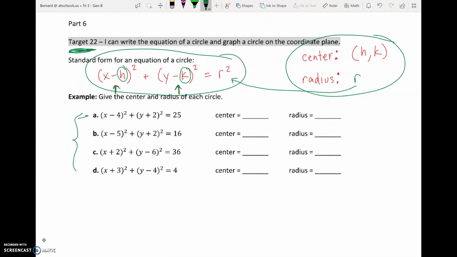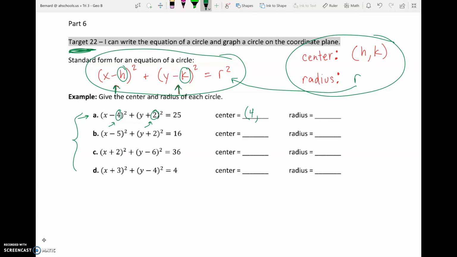And so let's practice that here. Let's start with A. So we see an x minus 4 and a y plus 2 in our parentheses. Remember, that's where our center comes from. And so it deals with these numbers right here. And remember, our center is going to be opposite of those numbers that we see. Our x value of our center will come from the x parentheses. The y value will come from the y. And so since we see a minus 4 in the x, our center is positive 4 for an x value.